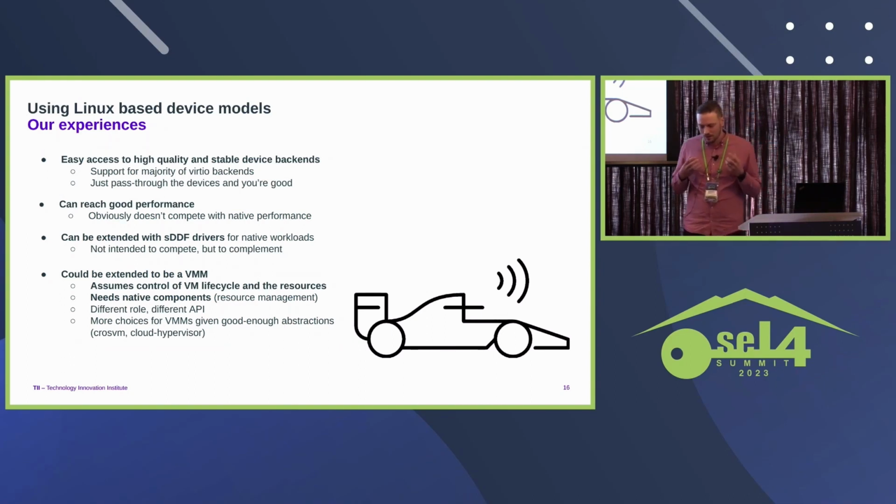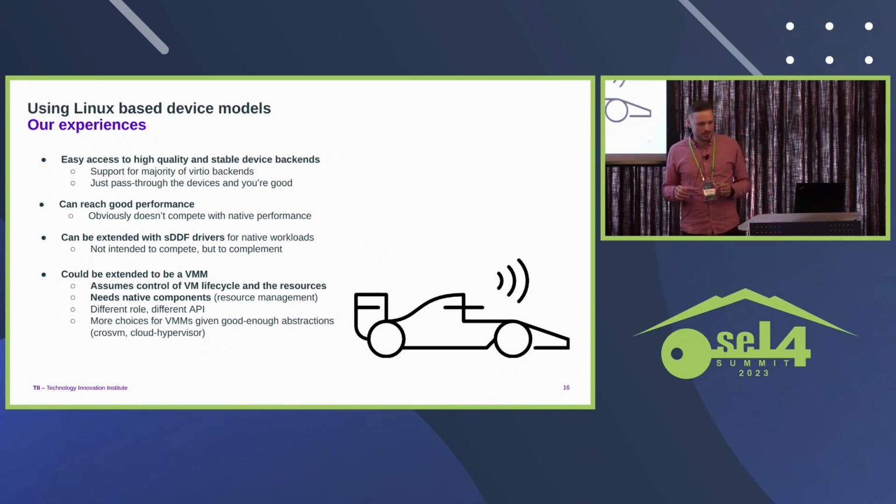So the native components provide the resource management. Typically in other hypervisors, it's Dom0 or a service VM or whatever that has access to all of the resources and then shares them with the guests.